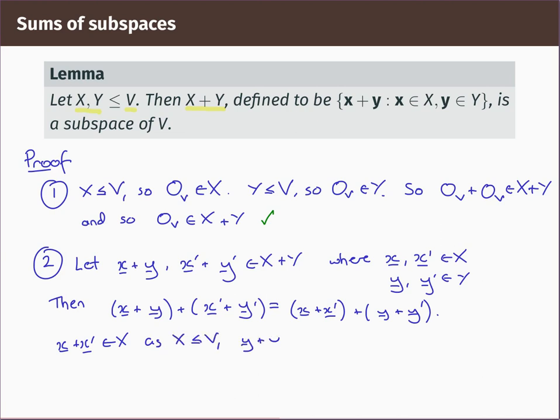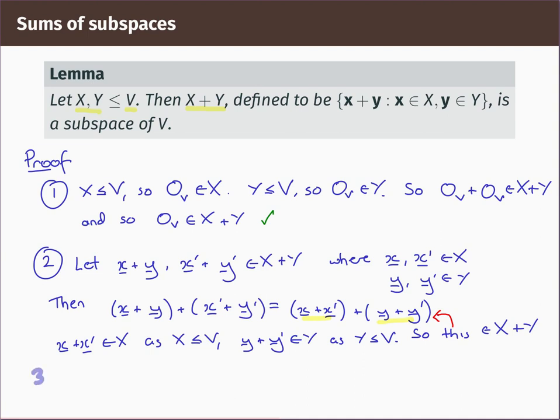Similarly, y plus y prime is in Y because Y is closed under addition. So this thing is an element of X plus Y. We've just seen that this thing is an x and this thing is a y, so that thing really is an element of capital X plus capital Y. So we've just shown that capital X plus capital Y is closed under addition.